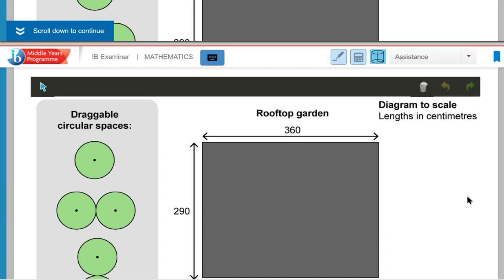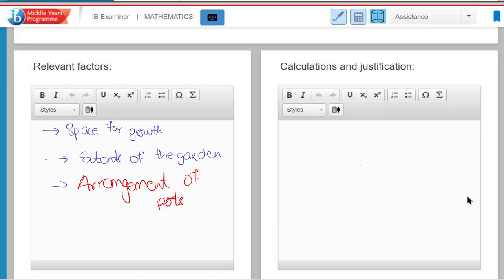So this is what has been given to us, and you are supposed to calculate the value. How do we do it?